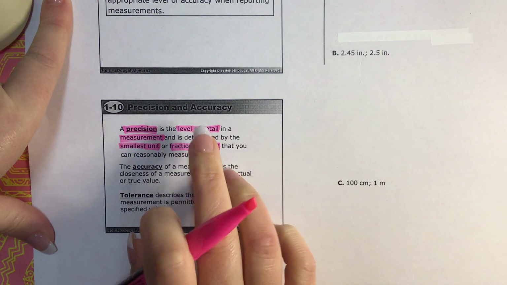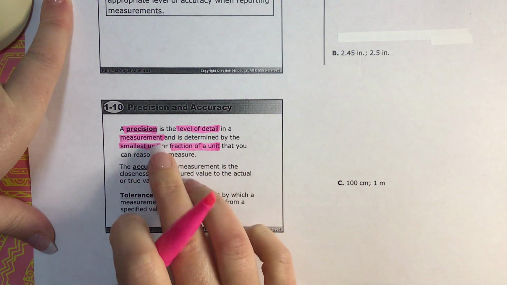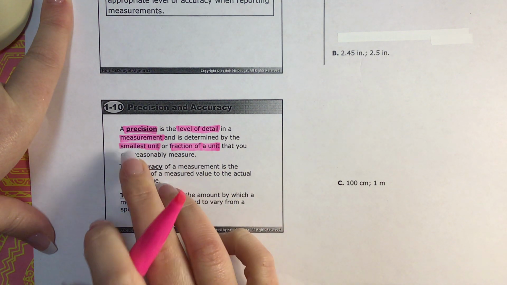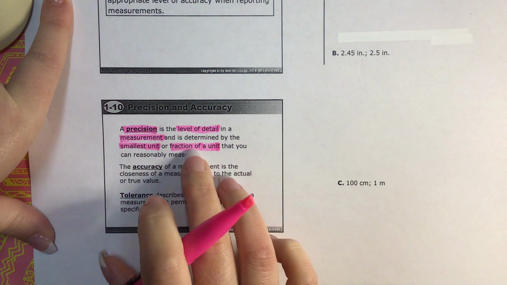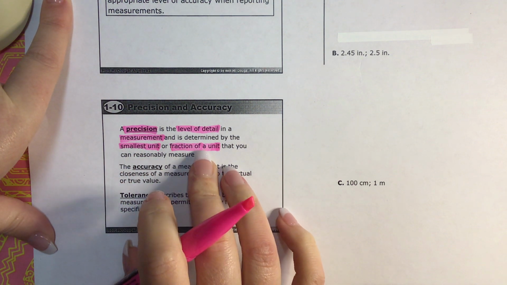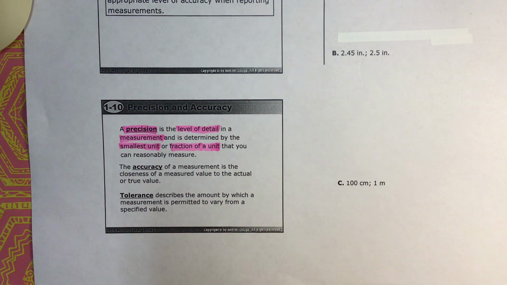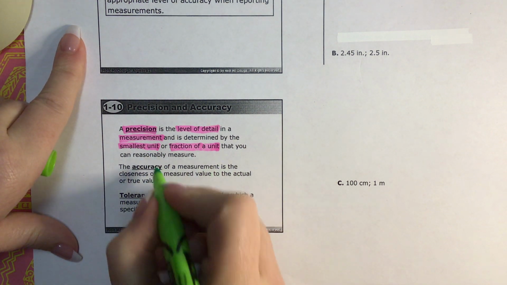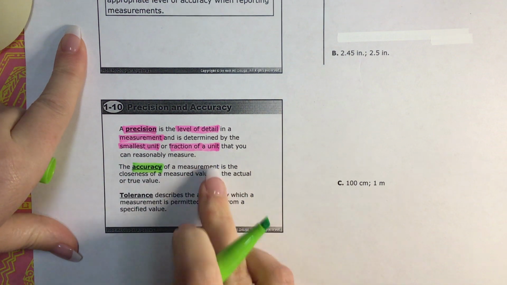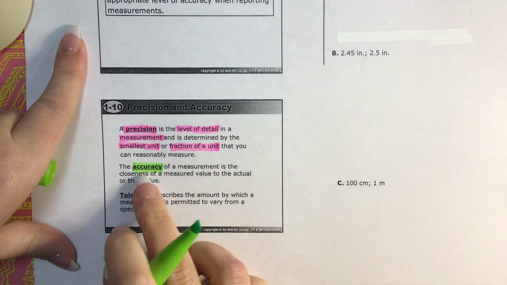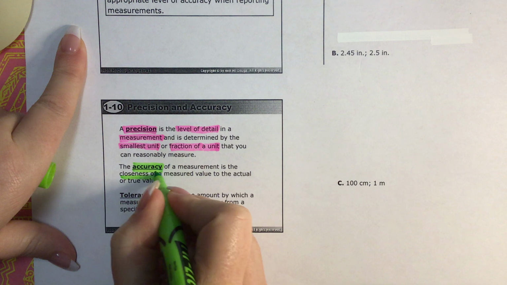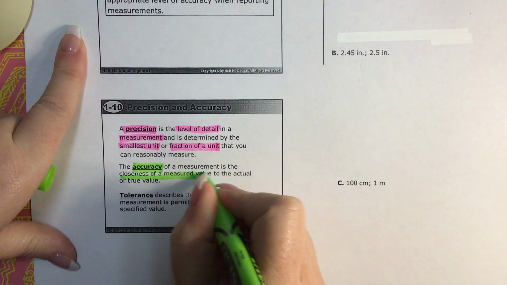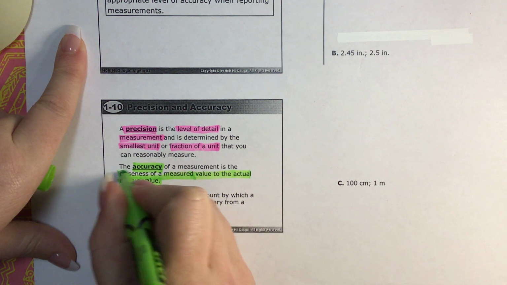Accuracy of a measurement is the closeness of a measured value to the actual or true value.